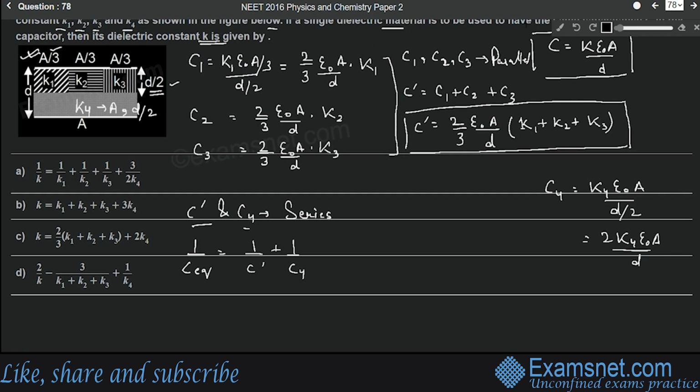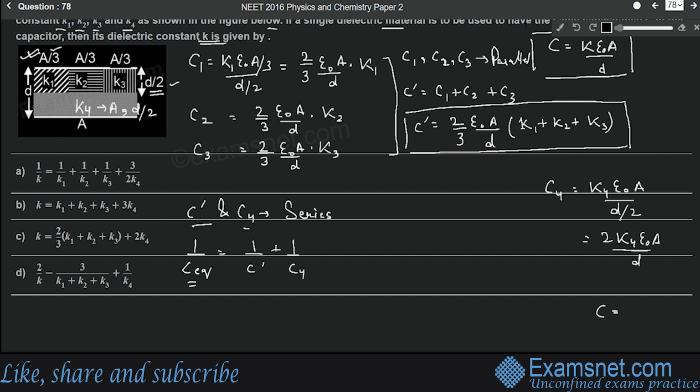It is given that if we use a single dielectric material instead of these four dielectric materials, then the capacitance of that single dielectric material will be the same as this capacitance, the equivalent of these four. So in place of equivalent we can write the capacitance.